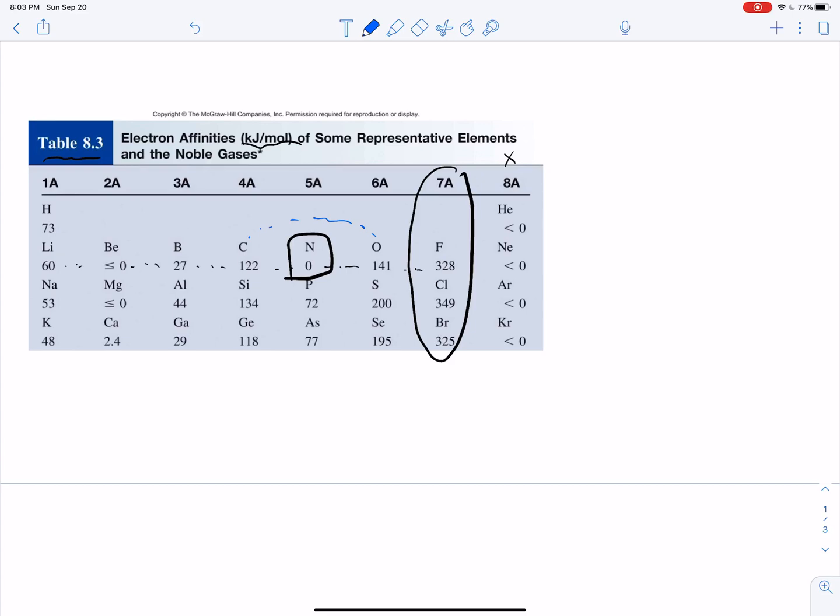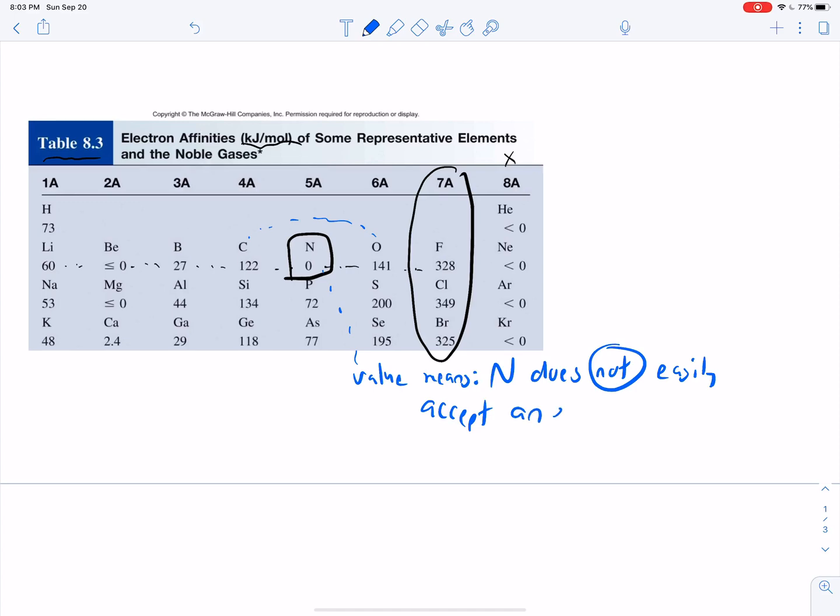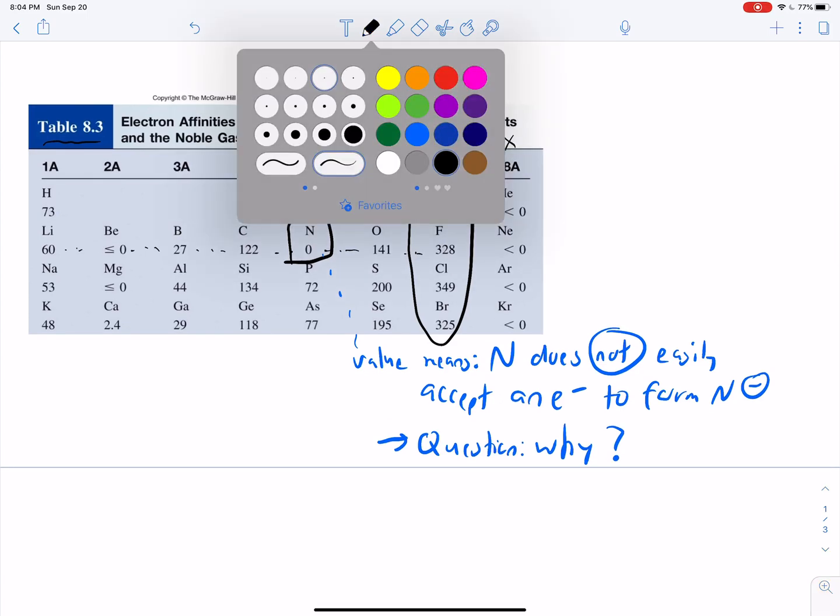It's extremely low, and this value means that N does not easily accept an electron to form N minus. That's what that means, and the question we want to answer is why. That's what I'll try to answer on the next slide.